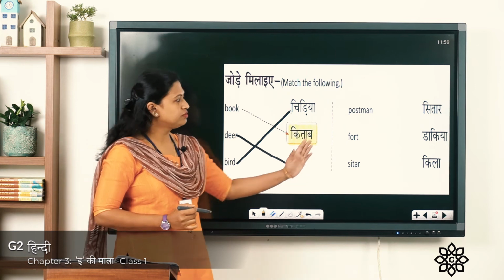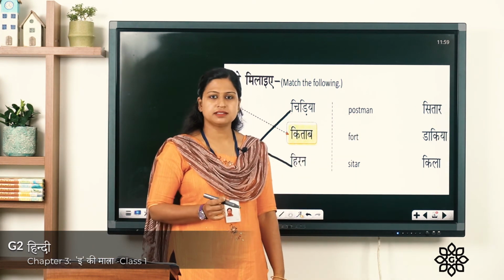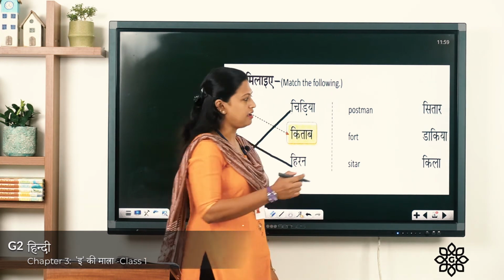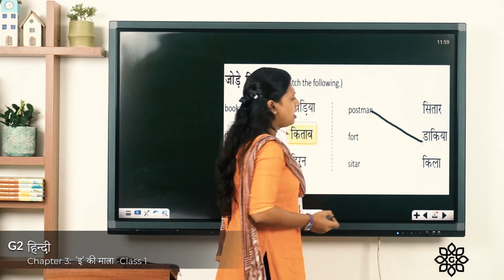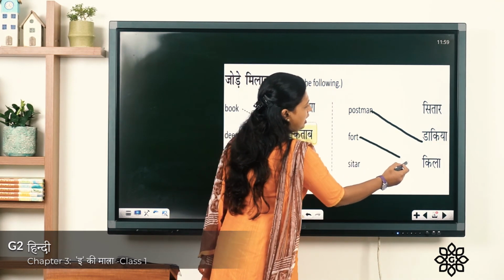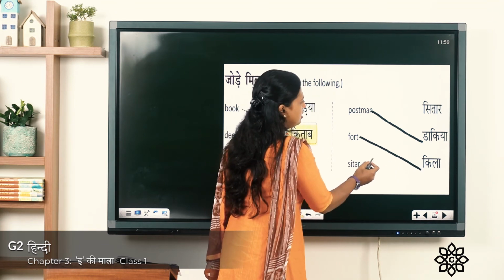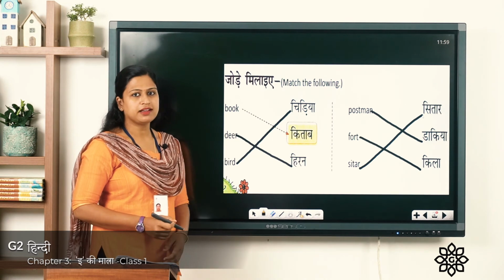Now, let's move to the other side. Postman, as we have already discussed, we say dakiya. Fort, kila. Sitar, sitar. I hope you all have marked it.